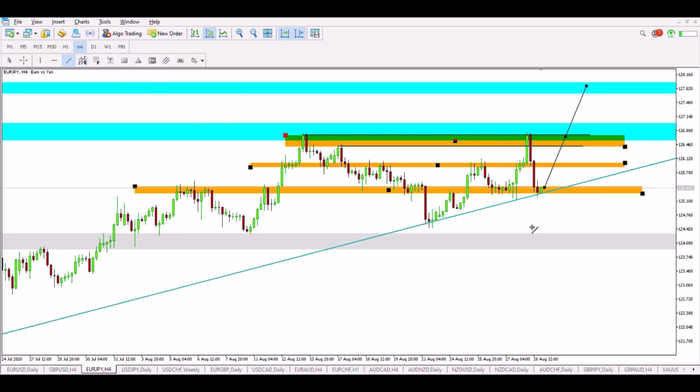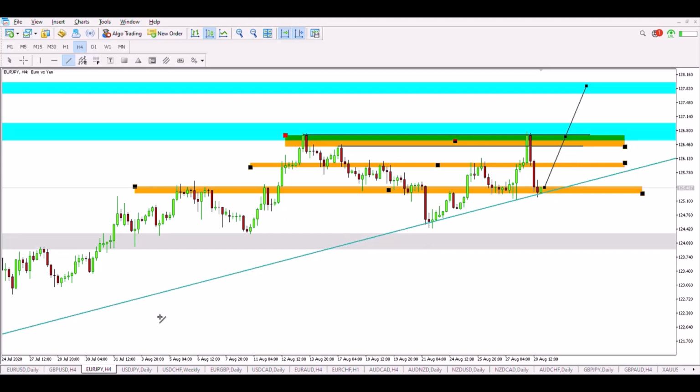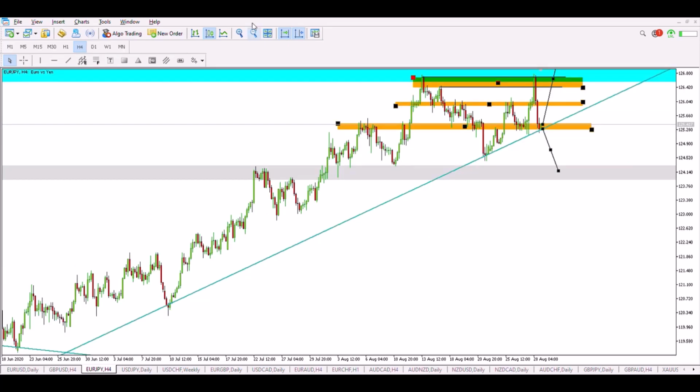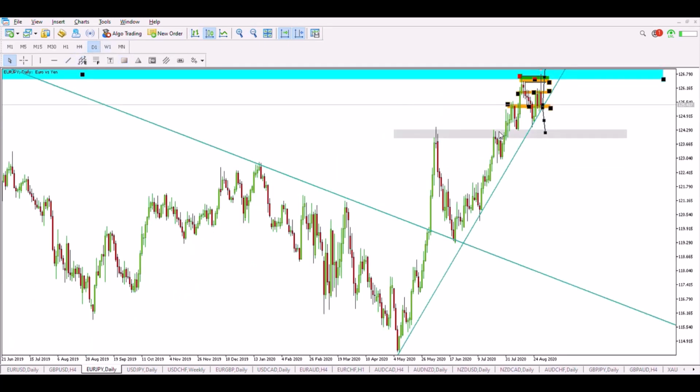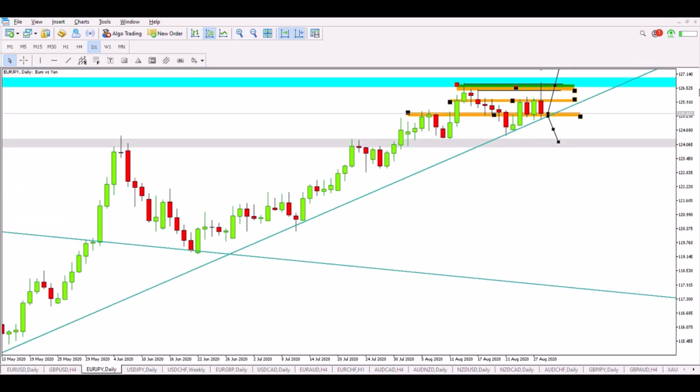But it's also very possible, guys, if the USD JPY drops, we can see a drop also on Euro JPY to this previous support zone. In this previous support zone on daily, you can see that was strong resistance in the past, now turned to support, and from there we can see if this double top right here, let me quickly show you.